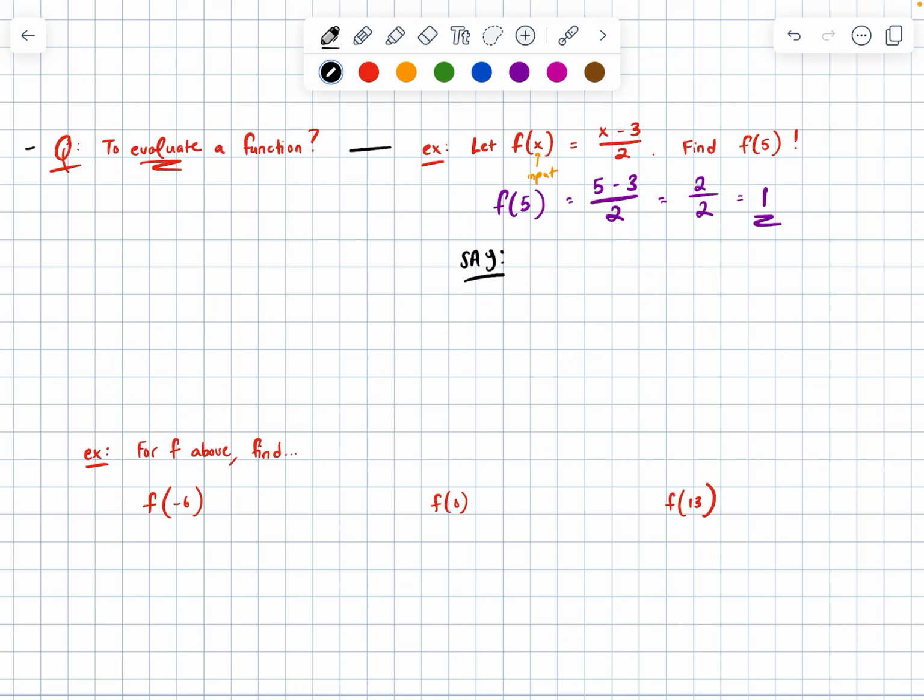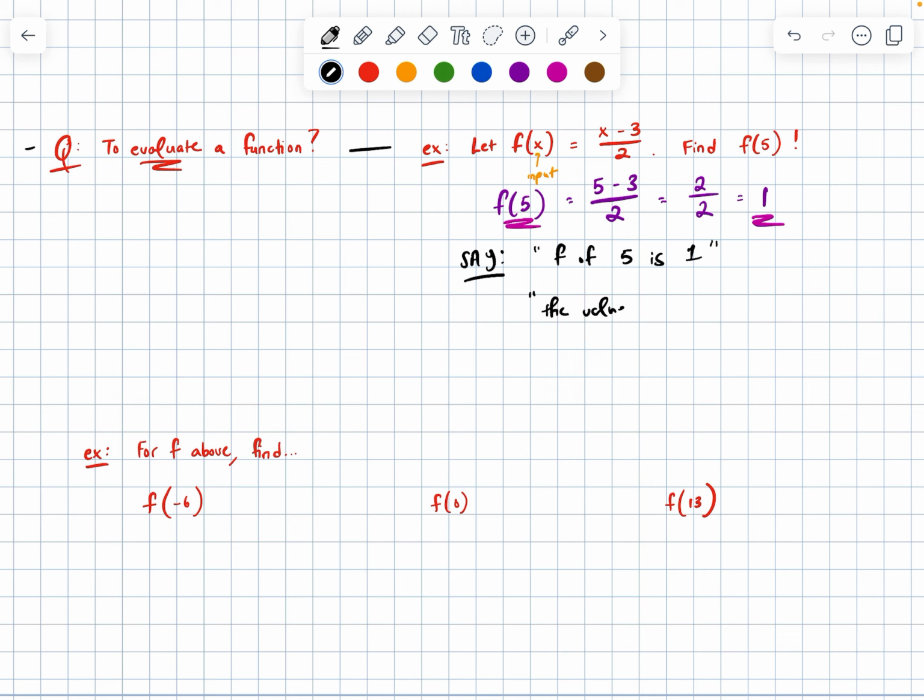So I can take this and in function notation say a couple of things with it. One way that I can say that the input value of 5 gives me the output value of 1, I could say that f of 5 is 1. So this is one way to state this.